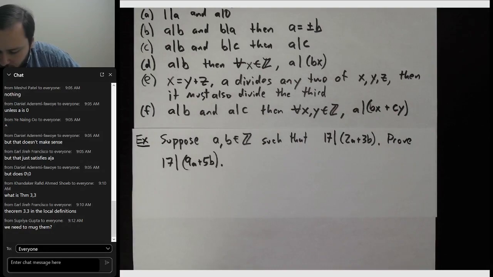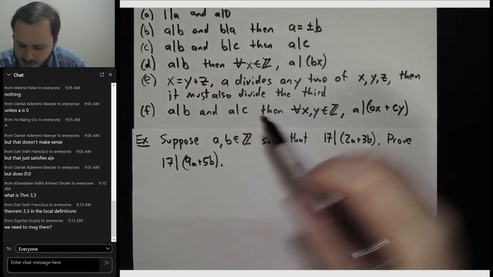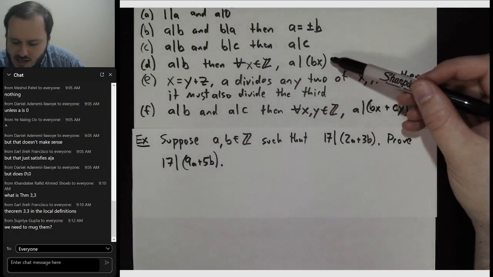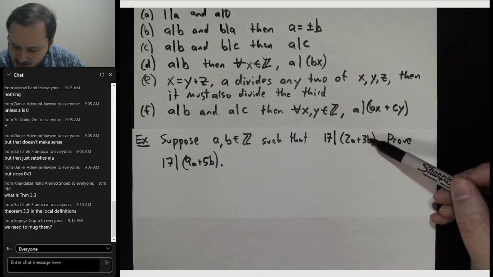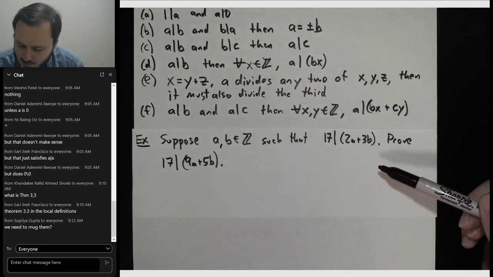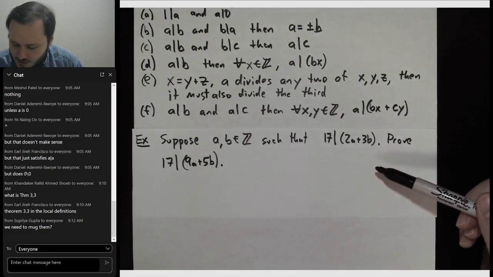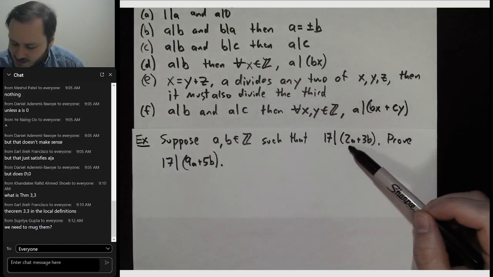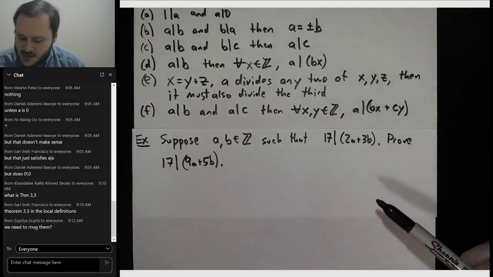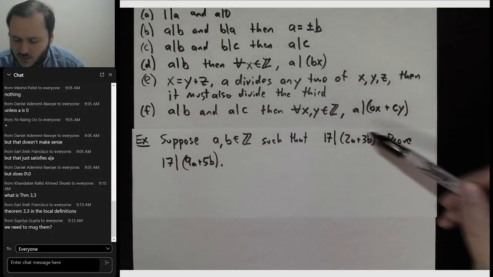And I'll admit to you, the first time I looked at this problem, I thought it was going to be easy, and then it was hard. It didn't jump out at me right away. So one thing you might try is using 3.3 part D. If it divides this, then I can multiply it by any integer. So if I wanted to say that 17 also divides 6a plus 9b, that would be easy, because I could just multiply the whole thing by 3.